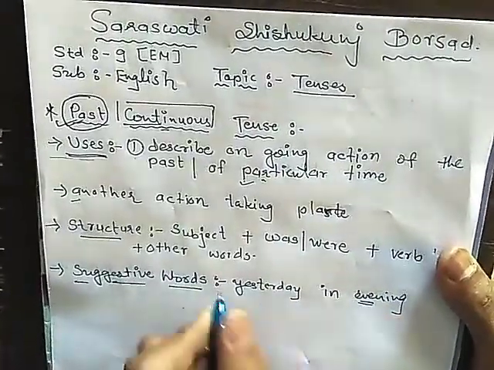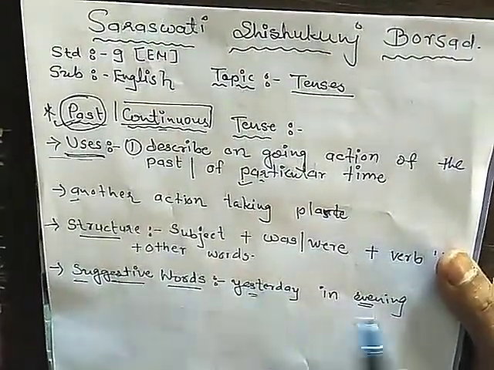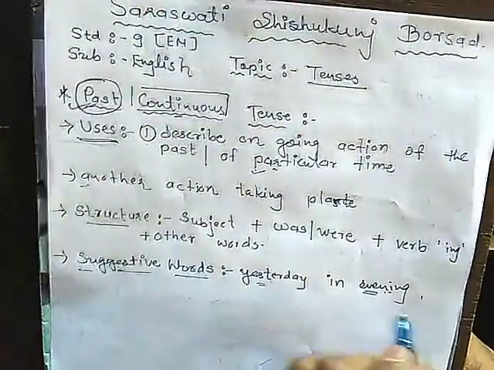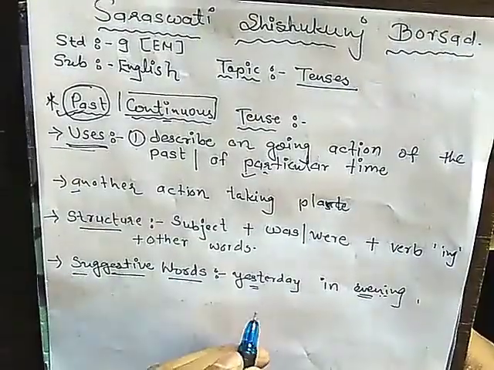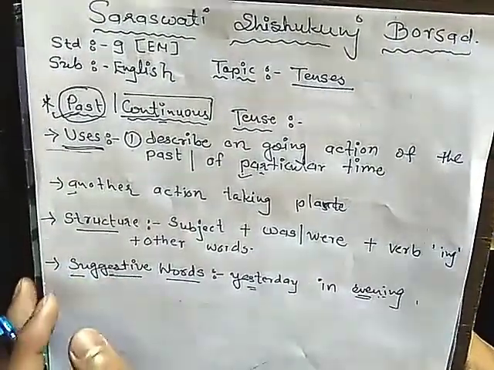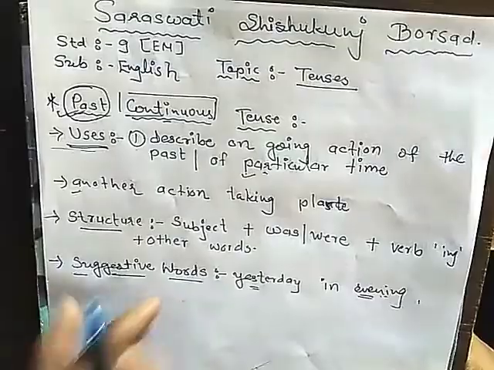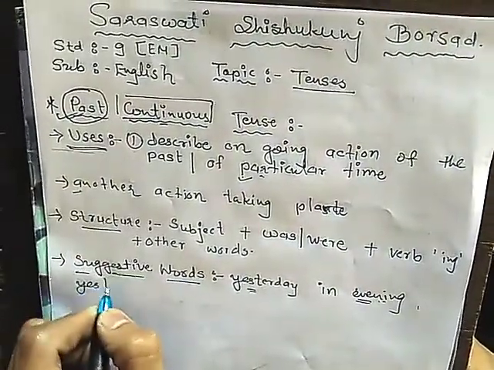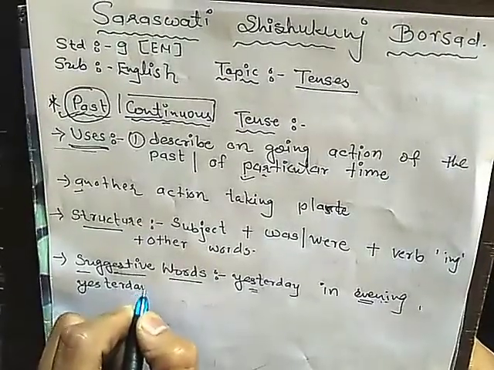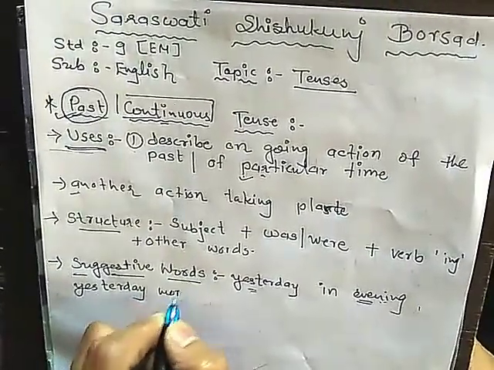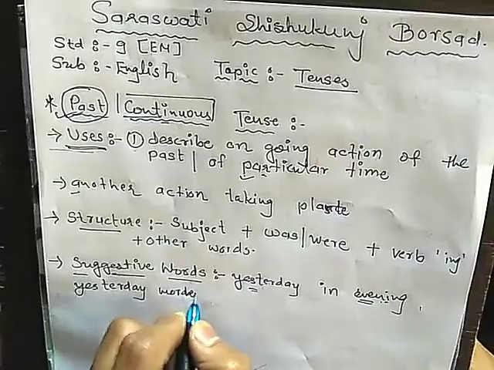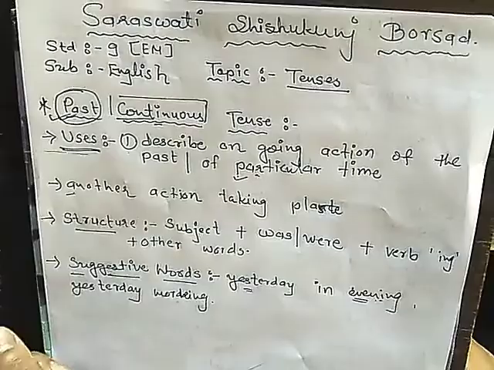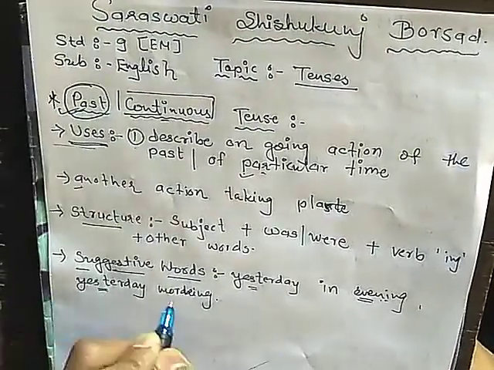Here evening shows the time, yesterday shows the past, so a particular time of the past. In the same way, yesterday in the morning, yesterday in the noon, you can add so many things here. Then yesterday morning, yesterday night. So many words you can add here, which show the time of a particular past.